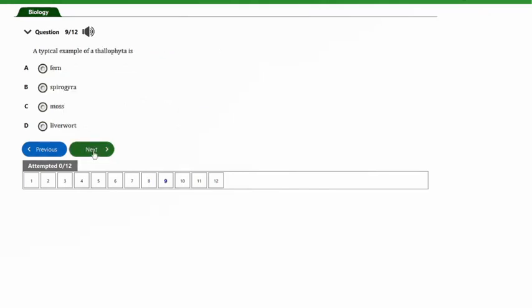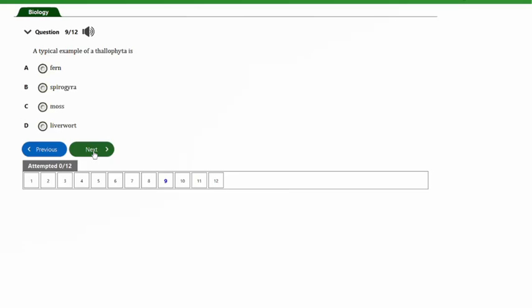That's question number 9. The question says, a typical example of a thallophyta is A. Fern, B. Spirogyra, C. Moss, D. Liverwort. So guys, the answer to this question is option B. That's the Spirogyra. The thallophyta is a division of the plant kingdom that includes all the lower plants.